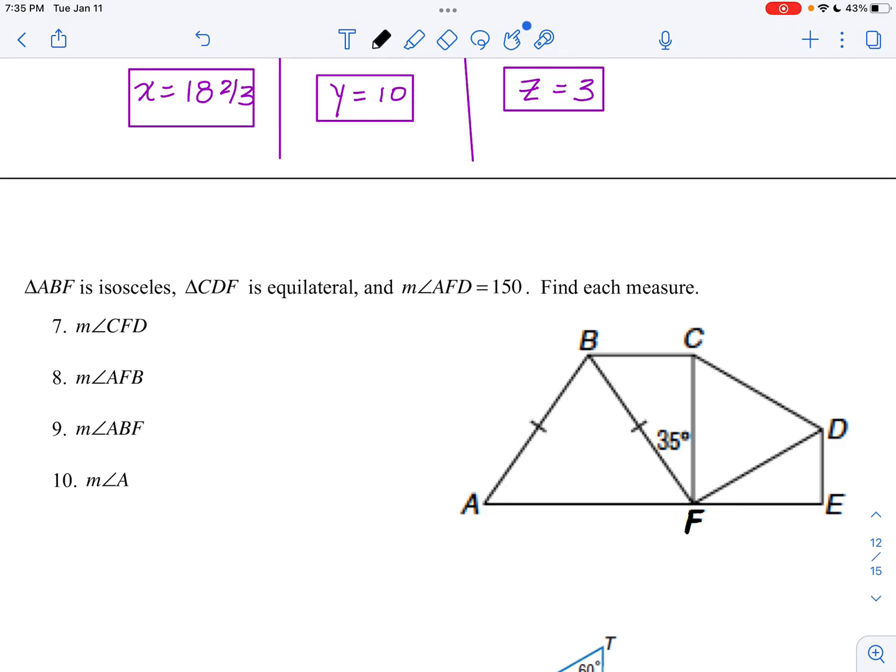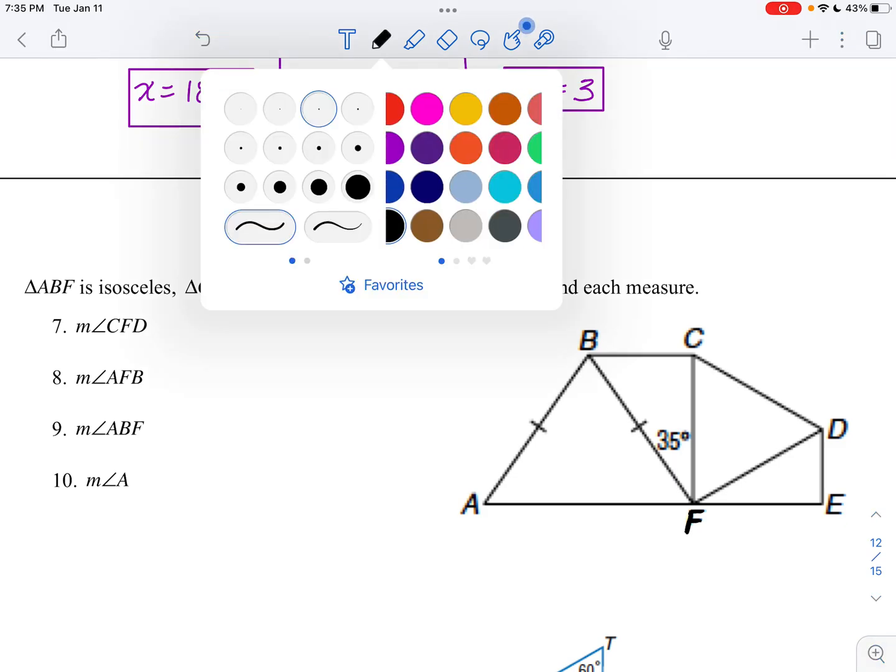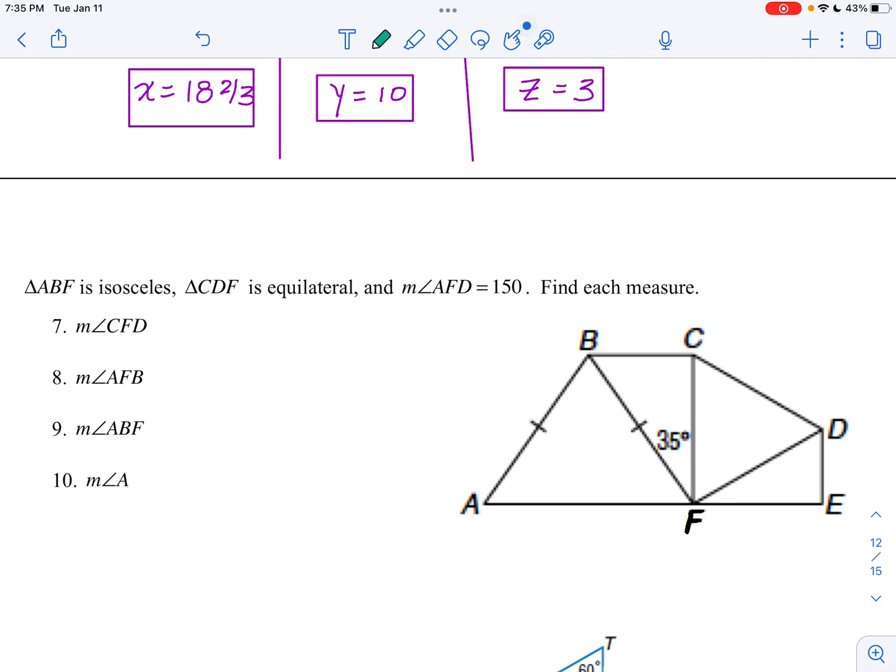Okay, so it says triangle ABF is isosceles. So if triangle ABF is isosceles, and I have the two sides that are marked congruent, I automatically know that its two base angles, which are angle A and angle BFA, must be congruent. Then it says triangle CDF is equilateral.